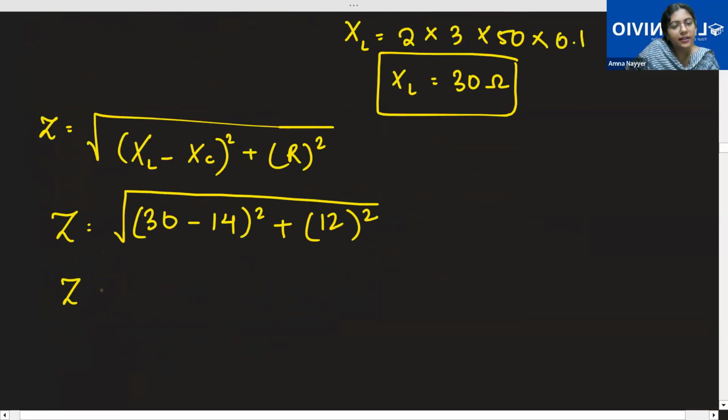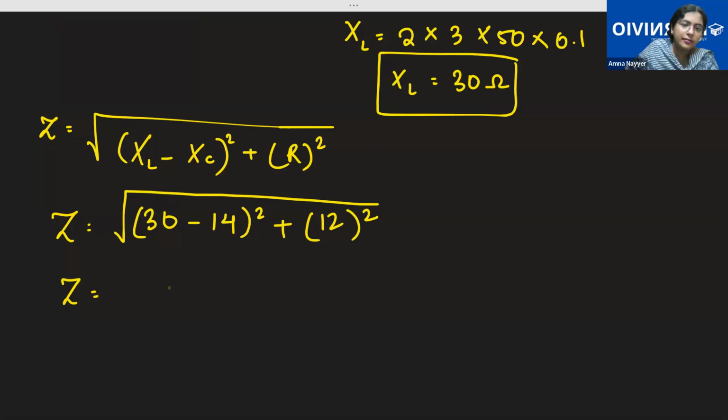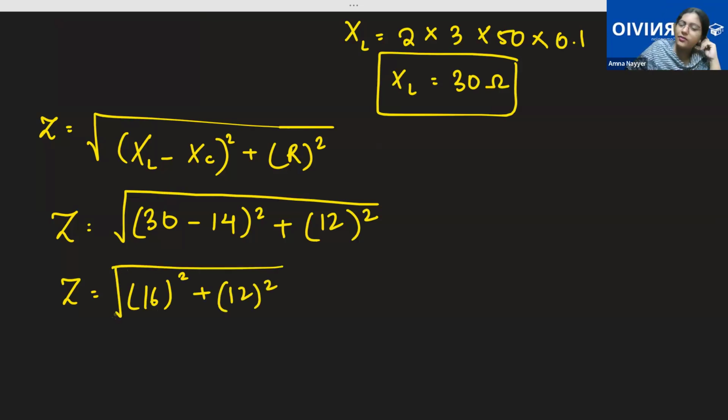Okay, so Z will be 16 whole square plus 12 whole square under root. So 16, 12, this makes a Pythagorean triplet, no? 15. Z should be equal to 15 or 150.